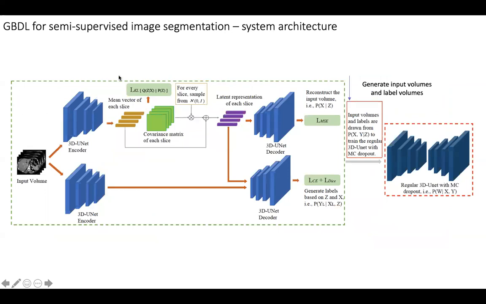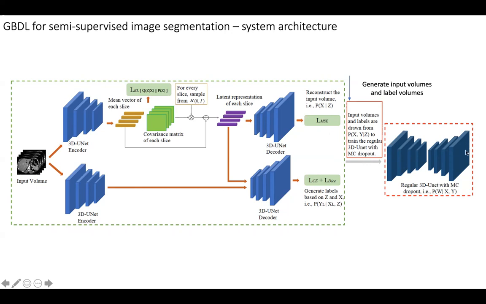So once this generative model is trained, we can use this model to generate the input volumes and also labels. And these generated input volumes and labels will be used to train another 3D U-Net to get a segmentation model.